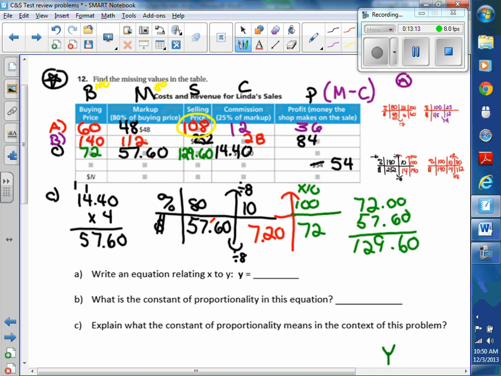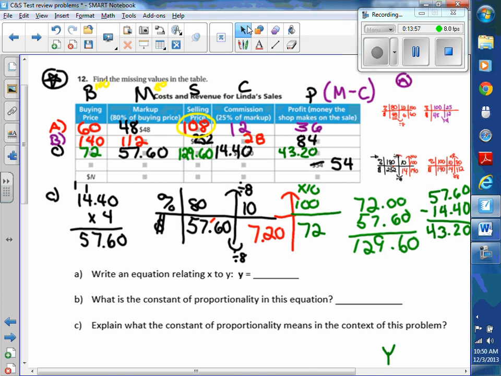So the profit is the markup of 57.60, take away the commission of 14.40. $43.20. Okay. Any questions on that? So far, okay? You could do that on a test. It's a good test question.